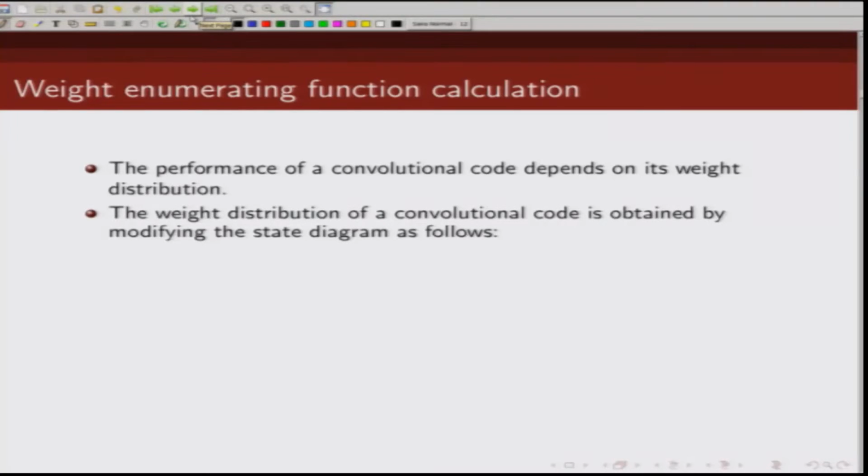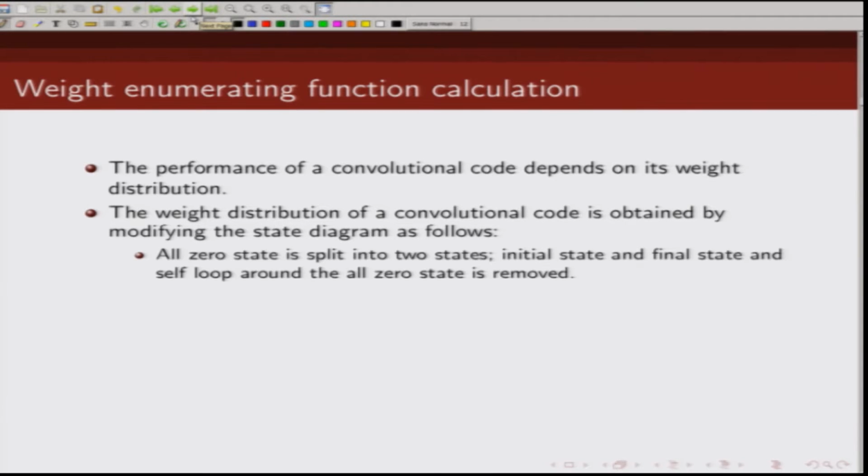So, in this we are first going to modify the state diagram of a convolutional code. And how are we going to modify the state diagram? We are going to split the all 0 state into two states, one initial state and second final state, and we are going to remove the self loop around the all 0 state.